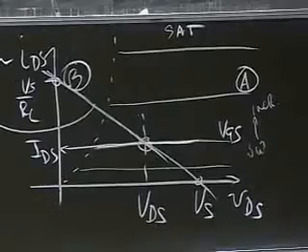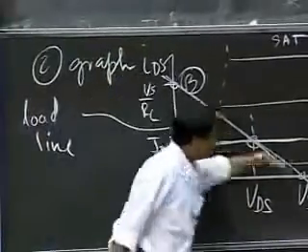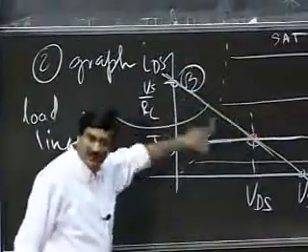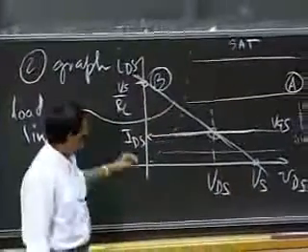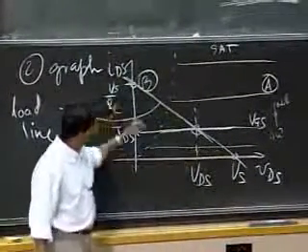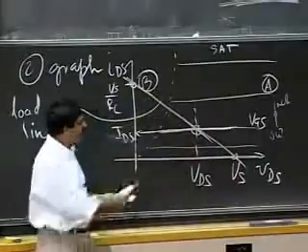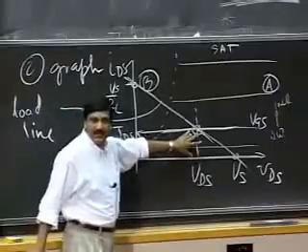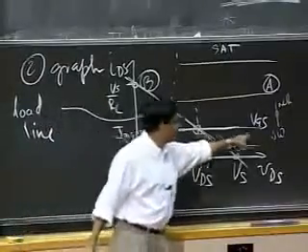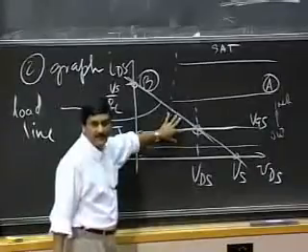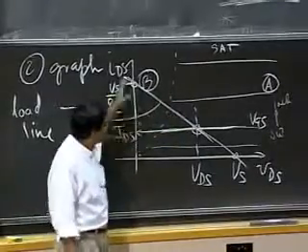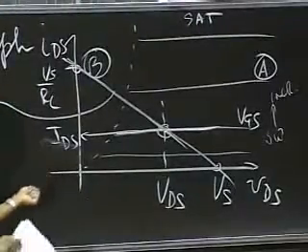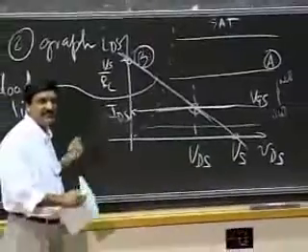We'll be seeing that again and again, where the equation written for the output loop is superimposed on the device characteristics. That's called a load line. So I can get the operating point of the MOSFET, which is IDS, VDS, and VGS, by using the graphical method. In the next lecture, given a device of this sort, we're going to look at how to figure out the boundaries of valid operation so that the MOSFET stays in saturation.